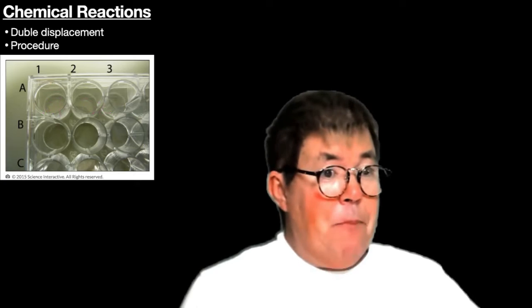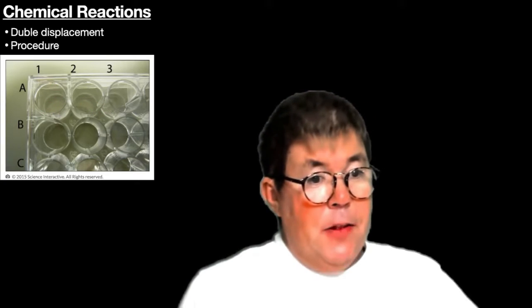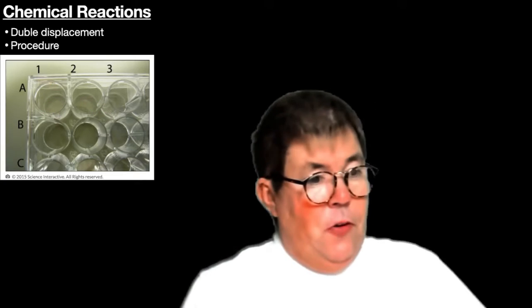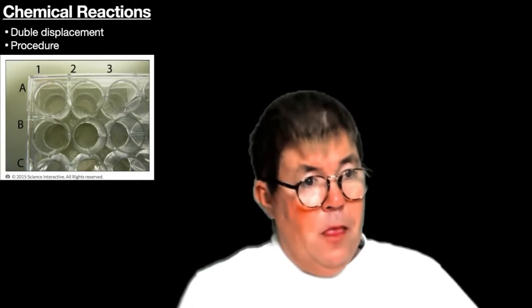As we wrap up this video, I would like to go over how to answer the questions so that everybody can get the maximum points possible. Question number 3 is going to ask you to write chemical reactions for the reactions that form a precipitate.